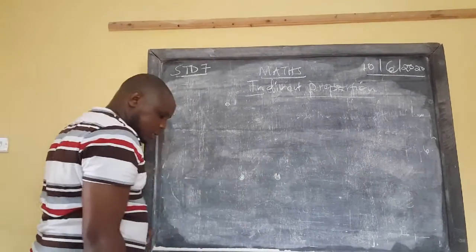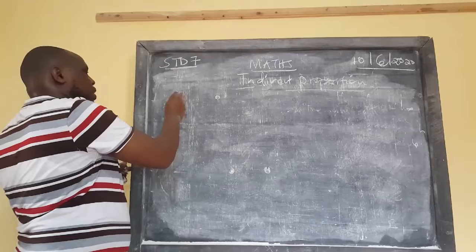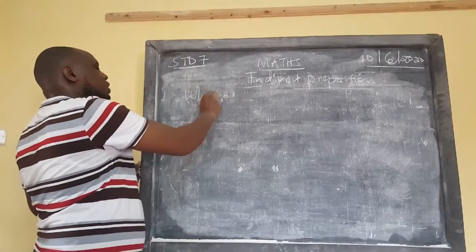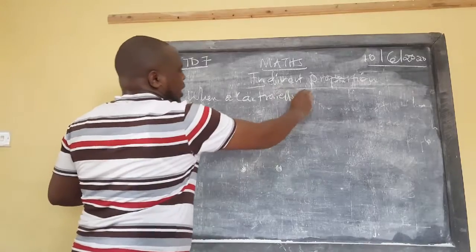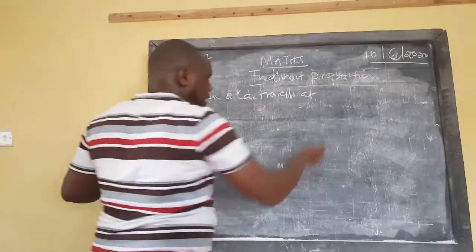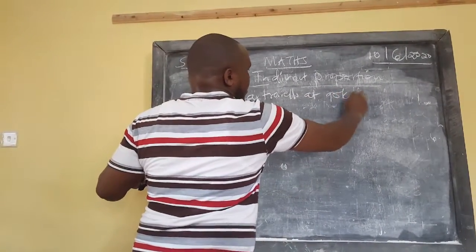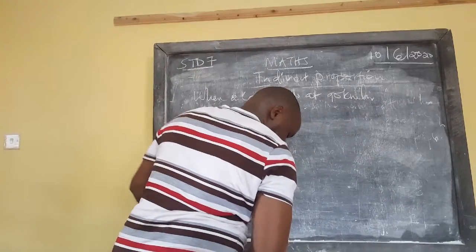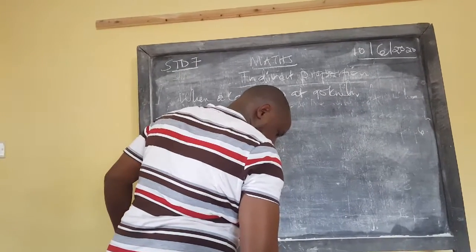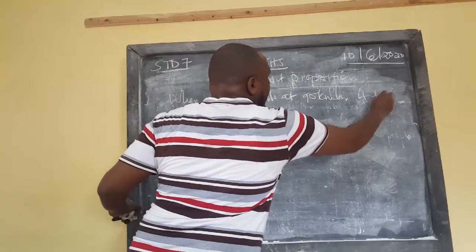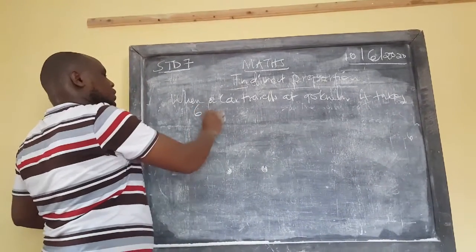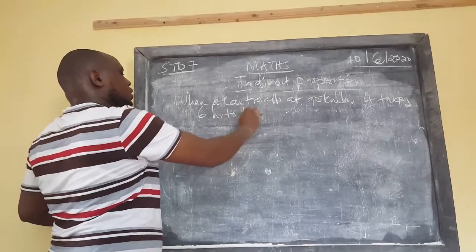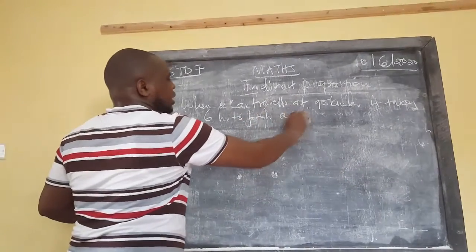When a car travels at 90 kilometers per hour, it takes 6 hours to finish a journey.